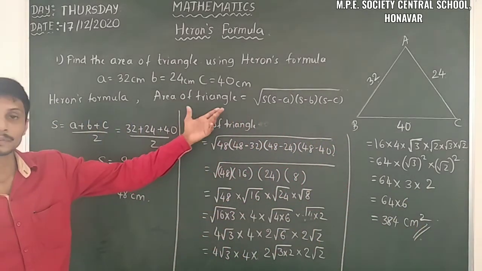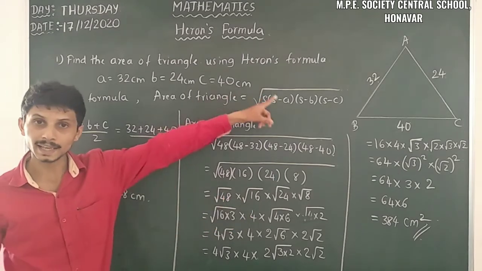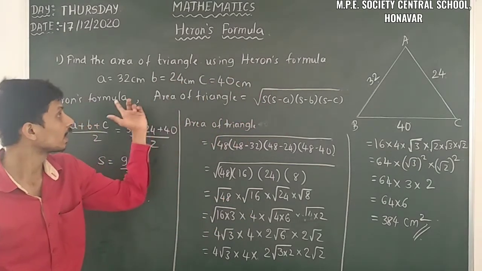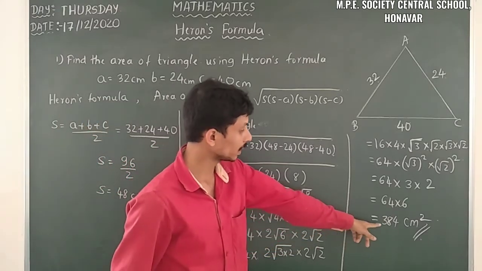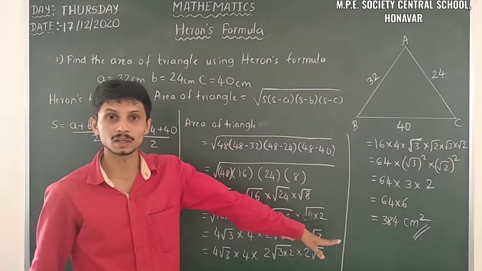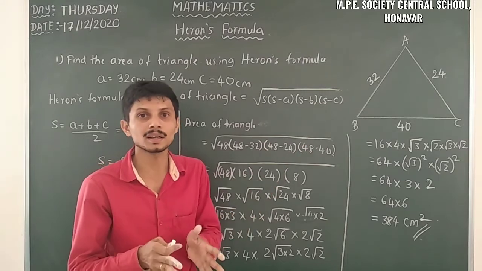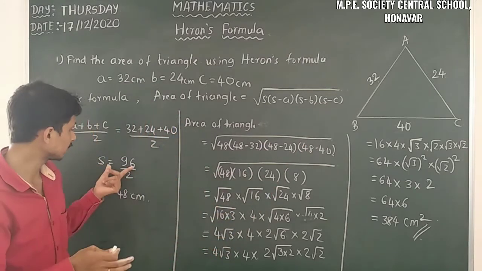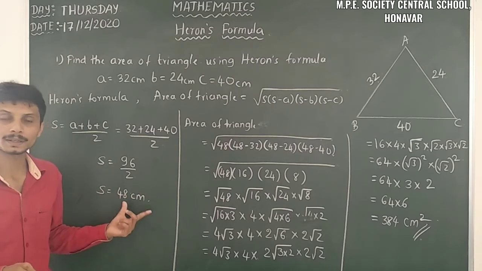So here we found the area of this triangle using Heron's formula. What's the value of the area of the triangle here? 384 centimeter square. We used only the sides of the triangle and the semi perimeter, that is, half of the perimeter.